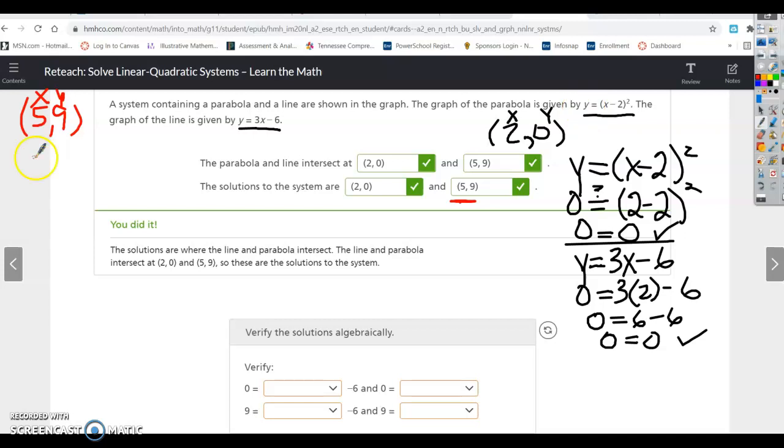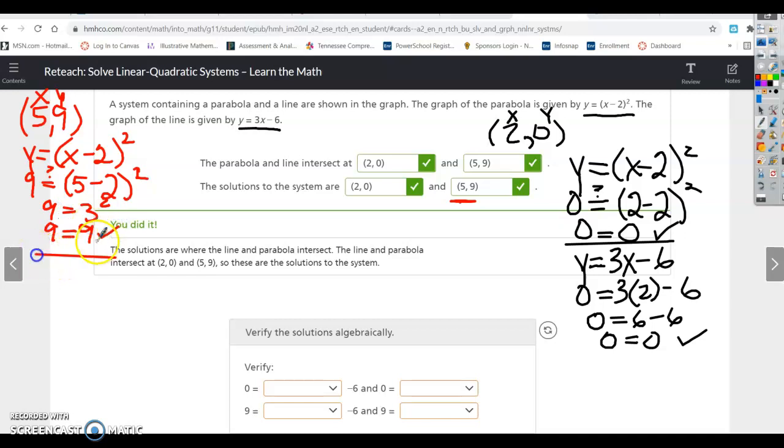So we have y equals (x minus 2) squared. 9 would be our y, and we're checking to see if this equals (5 minus 2) squared. 5 minus 2 is 3. 3 squared equals 9. So 9 equals 9. So that one works.